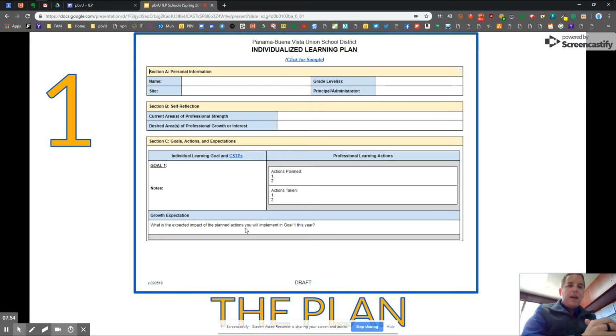So it might be, these are the skills that I plan to improve upon this year, and I think it's going to improve my effectiveness in lesson design or in teaching mathematical concepts or practices, or incorporating ELD strategies into my lessons, or my classroom management routine is going to improve. And overall, obviously, we're talking about helping our kiddos improve academically, socially, emotionally as whole children.